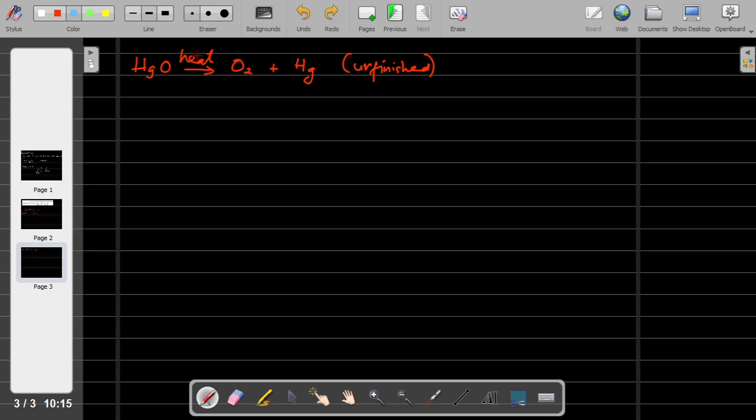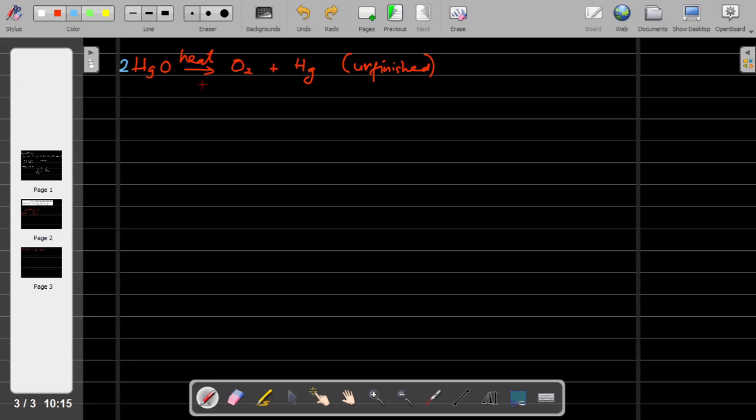So we're going to make it balanced. How to make it balanced? We have to put number 2 here. We cannot make 2 here, because it is not allowed in balancing of the equation.